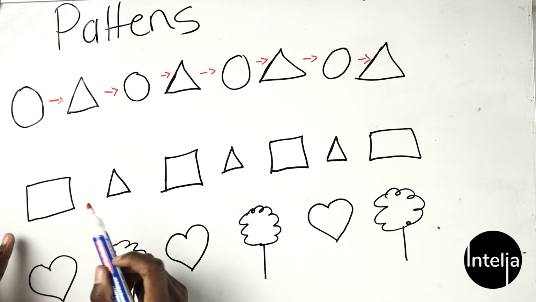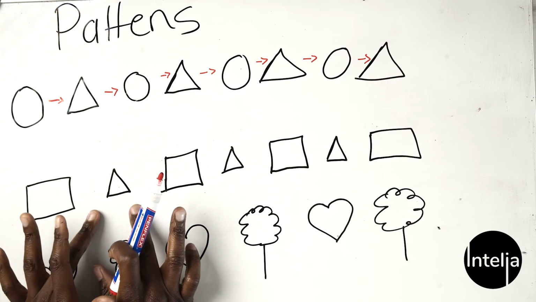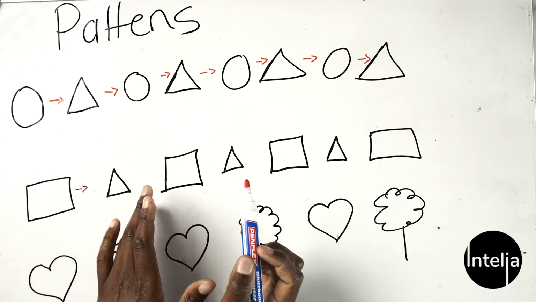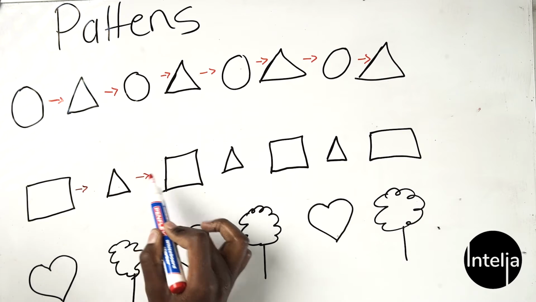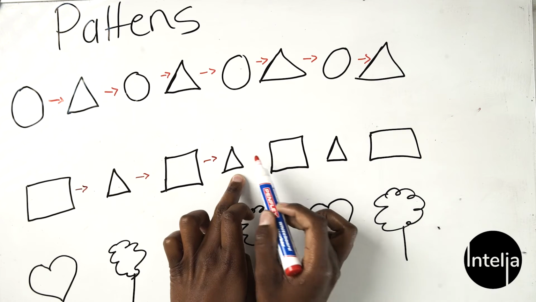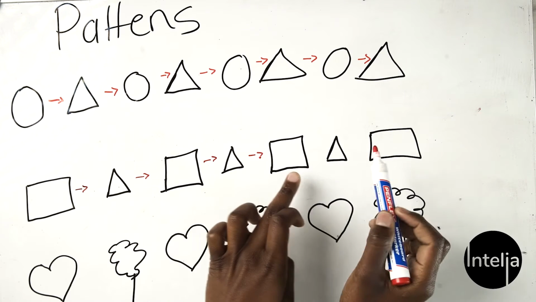Let's move on to our next example here. We have a square and a triangle. So it moves from a square to the triangle, then the triangle to the square, the triangle to the square.